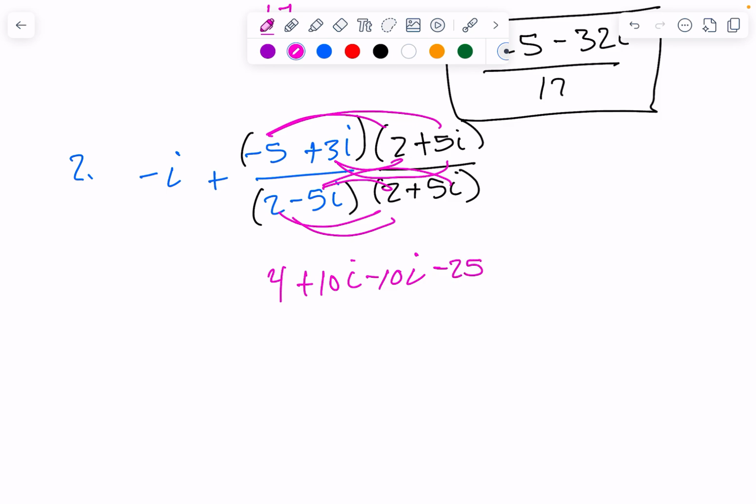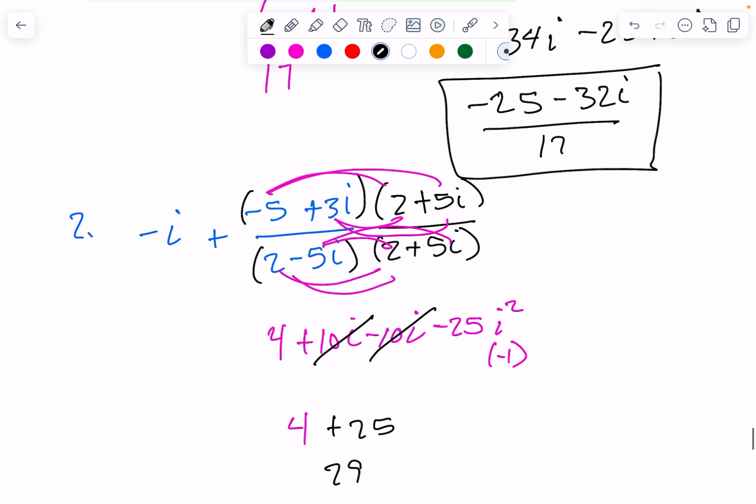And then i times i is i squared. i squared is -1. Negative and then negative make a positive. So it's 4, and then the plus 10i and minus 10i go away, and it turns out to be plus 25, which is 29.